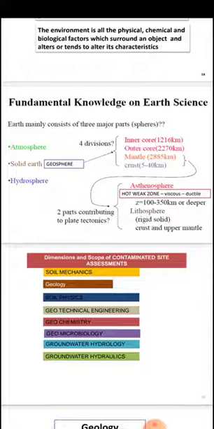What is the extent of our subsurface, any idea? So normally if you recall your previous knowledge, our radius of earth is about 6400 kilometers. So that means this is the depth, core depth up to which we can go.